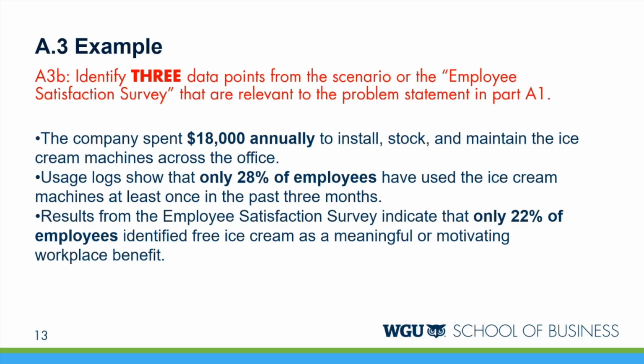Usage logs show that only 28% of employees have used the ice cream machines at least once in the past 3 months. And then results from the employee satisfaction survey indicate that only 22% of employees identified free ice cream as a meaningful or motivating workplace benefit. So you have this data in your scenario in task 1. So just pull out 3 data points that support your problem statement.